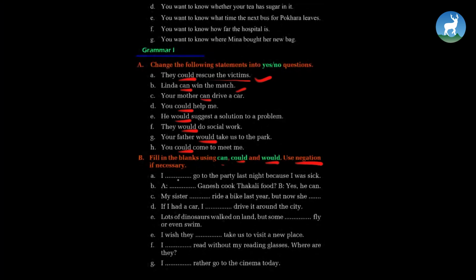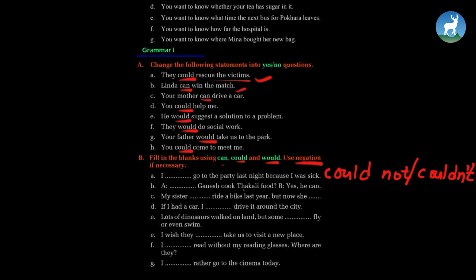So see, the situation is I could not go to the party last night because I was sick. So the answer is obviously I could not. So you can either write could not or you can write the abbreviated form of could not, that is couldn't.